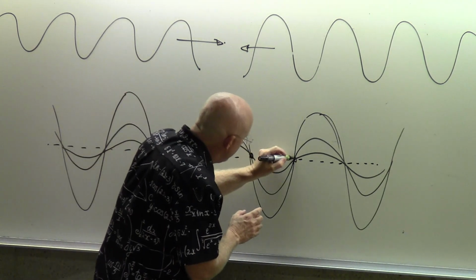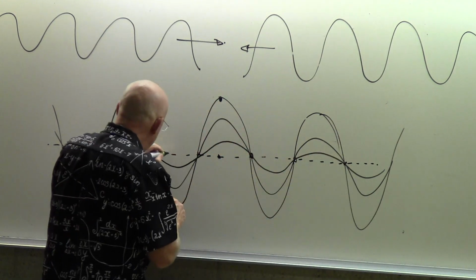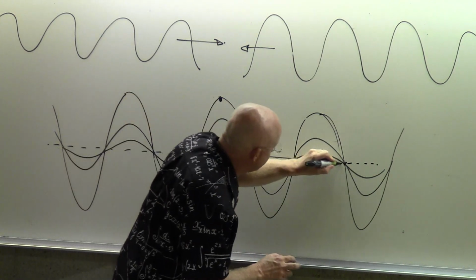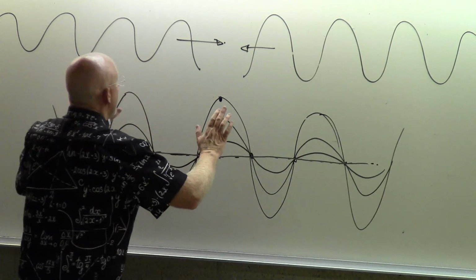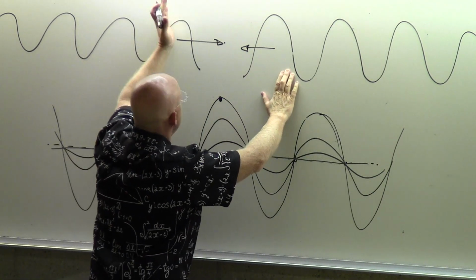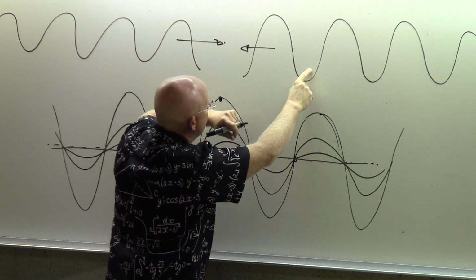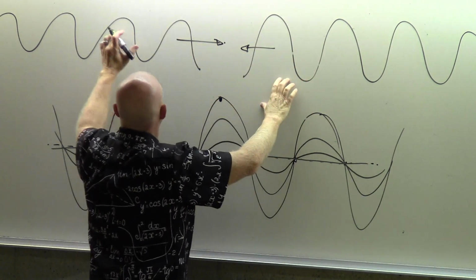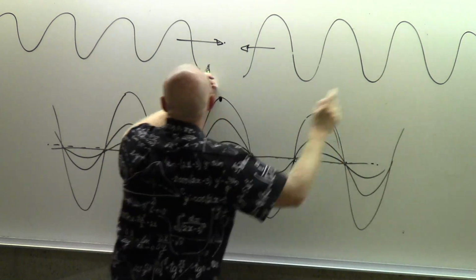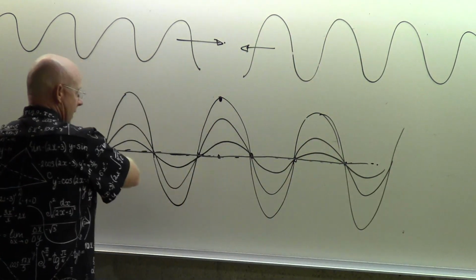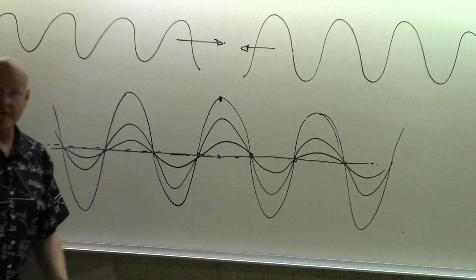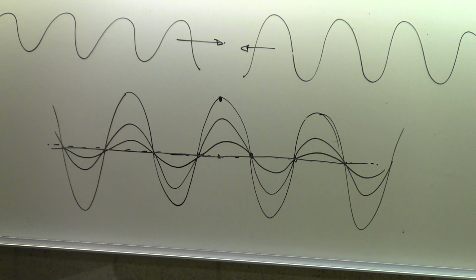But an interesting pattern develops, especially a moment later, where this crest lines up with this trough. That means everywhere this has a crest, it lines up with these troughs, and everywhere this has a trough, it lines up with these crests, and so you get completely destructive interference over the whole thing.